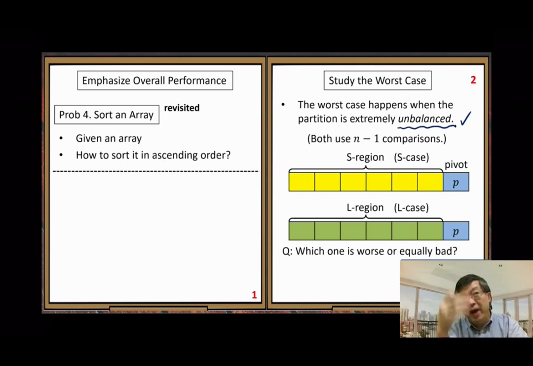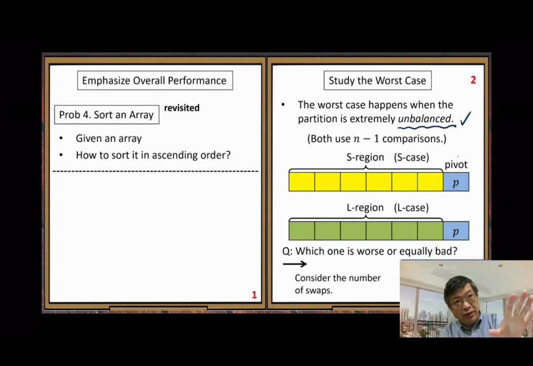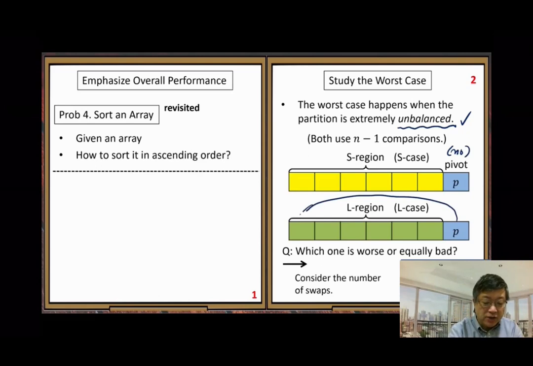So if we compare a little more, we should also look at the swap operation. The first one, if you look at the swap operation, no swap operation, right? But the second one, you need to put the P in place.